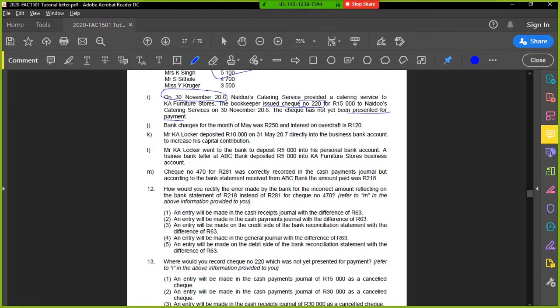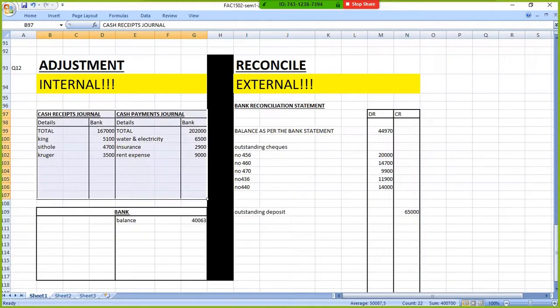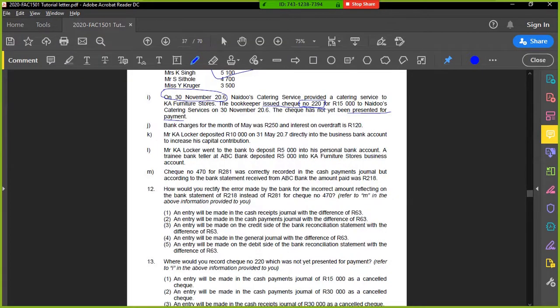The bookkeeper issued a check for 15,000. The check has not been presented for payment. So check number 220 would be stale. Where do you put stale checks? Stale checks you need to adjust. Who paid who here? We paid. Previously, what would you have done?